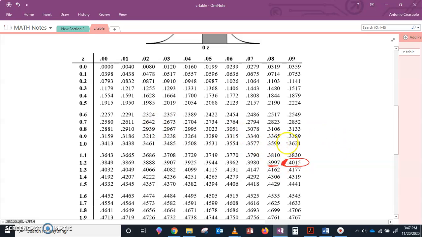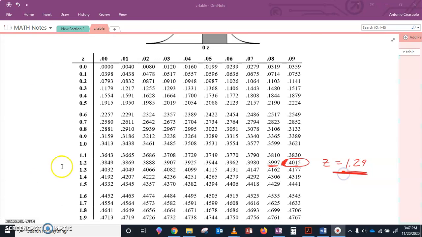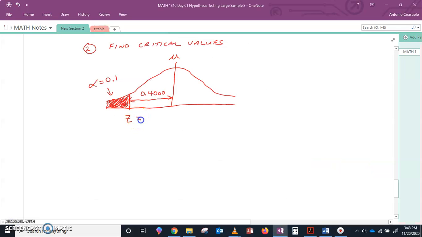So I'm going to use a value of 1.29, the larger of the two values. Putting that into our picture, the Z value is negative, because it's on the left side of the mean: negative 1.29. The third thing we're going to do is perform the test.